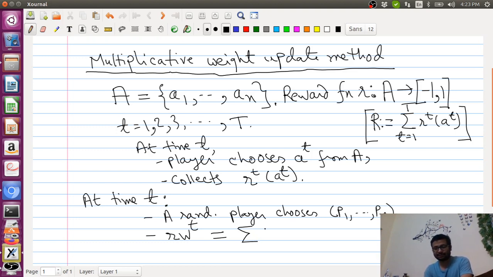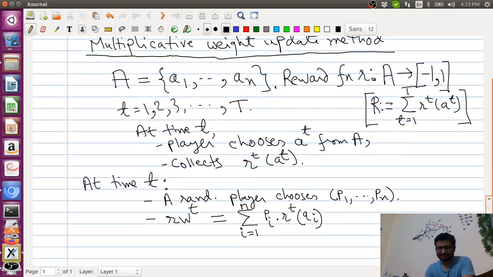In other words, it's the sum over i from 1 to n of pi, the probability of the ith action, times the reward value of the ith action.